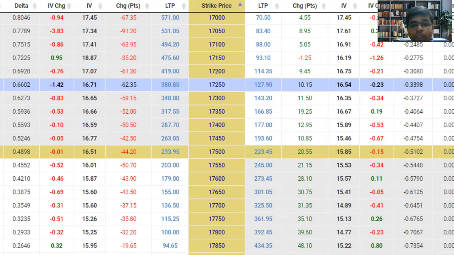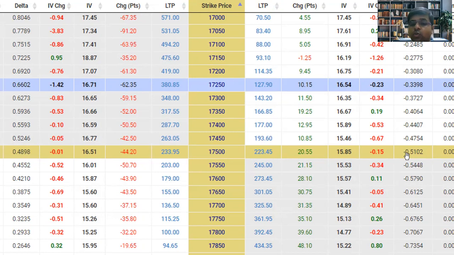Now, the screenshot which I have taken on this screen, I took when the Nifty was trading at around 17,500. So you can see the delta of the 17,500 call option is around 0.49 positive and the delta of the put option of the 17,500 strike price is around minus 0.51.